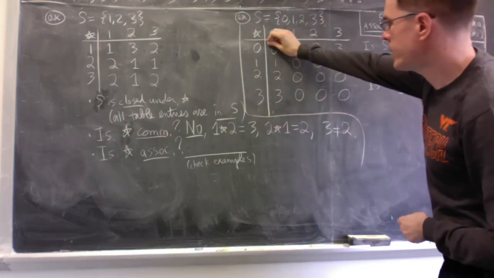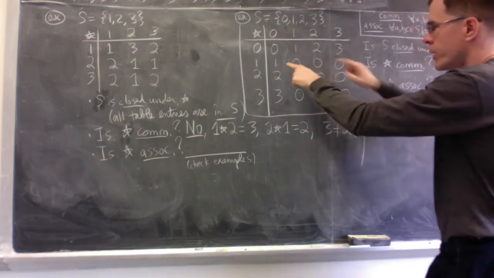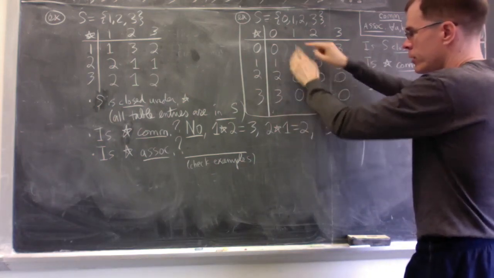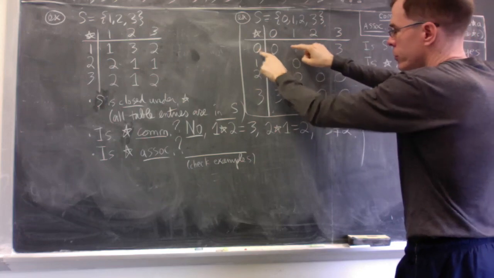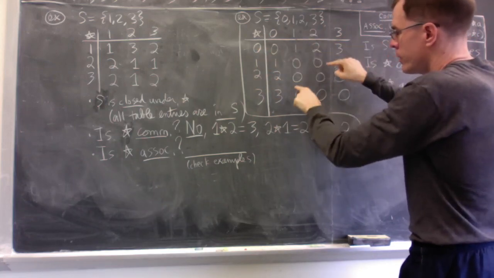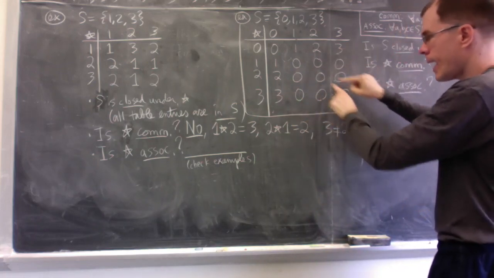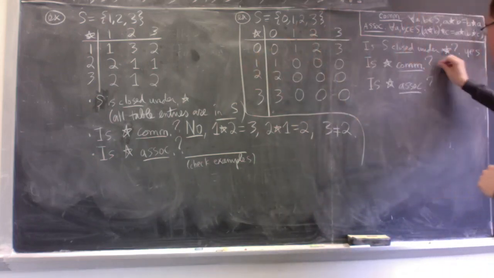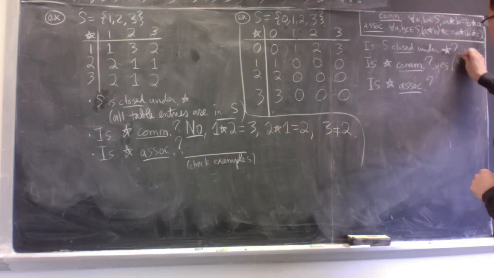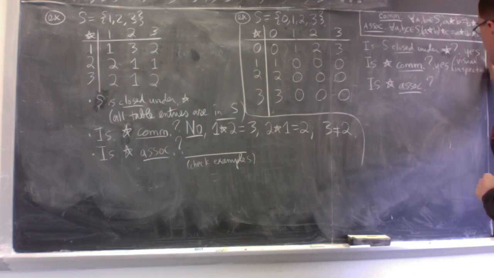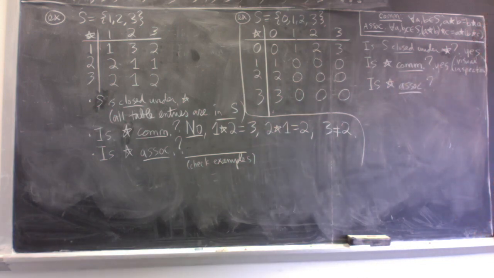In this case, I made one that is commutative. If you check these matching entries for reflecting across this line, 0 star 1 versus 1 star 0, just visually you can see it always works. The corresponding entries every time, always, are equal. And in this case, however, I will tell you with an explanation that associativity is not true.